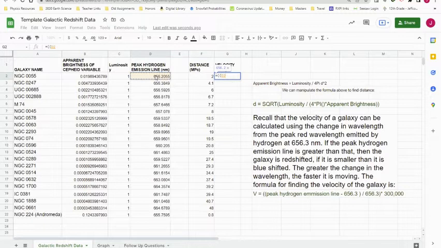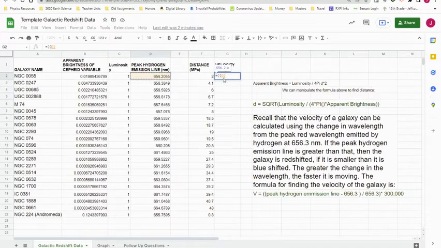The greater the number, the more it's shifted. Now this first galaxy you'll notice is less than 656.3. This galaxy is actually blue shifted, so it is actually coming towards us, and because it's coming towards us, the velocity should be a negative number. That's what a negative number is going to indicate, that the galaxy is moving towards us, and a positive number will indicate the galaxy is moving away.